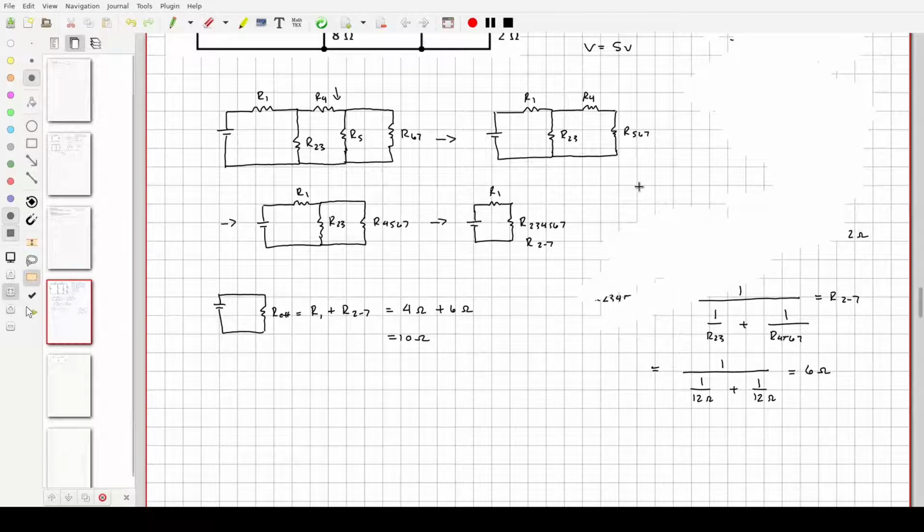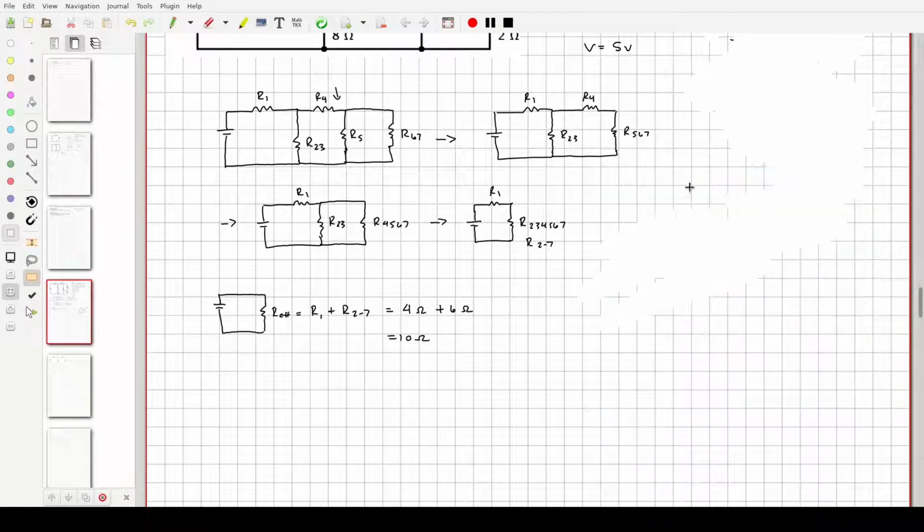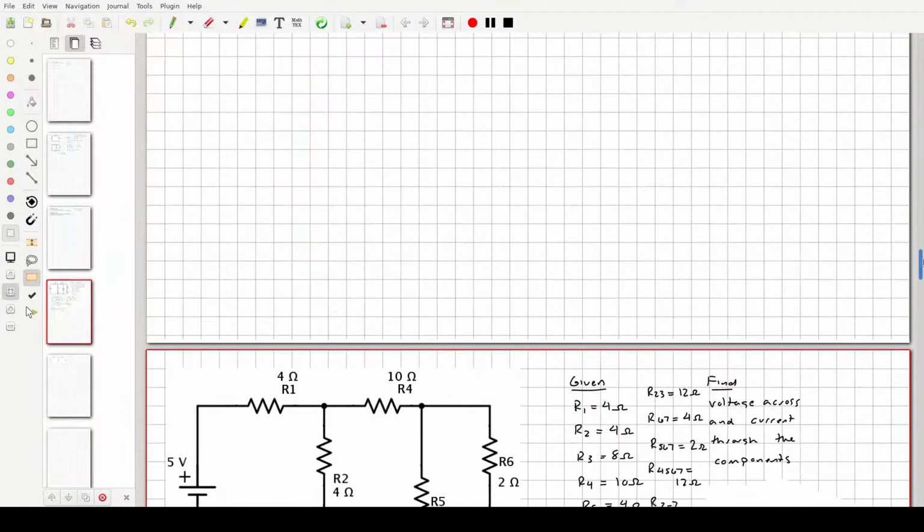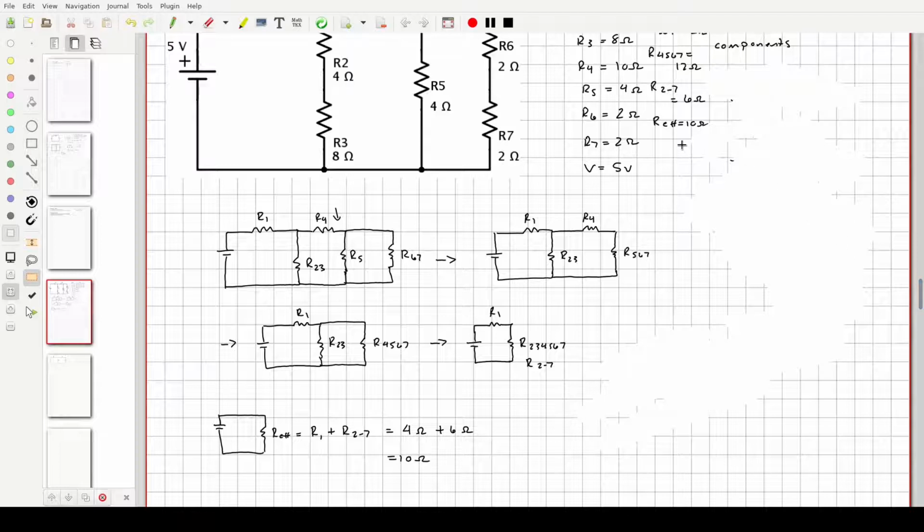Actually, I can just do this. Bam, gone. Whoops. I was hiding there too. Gone.